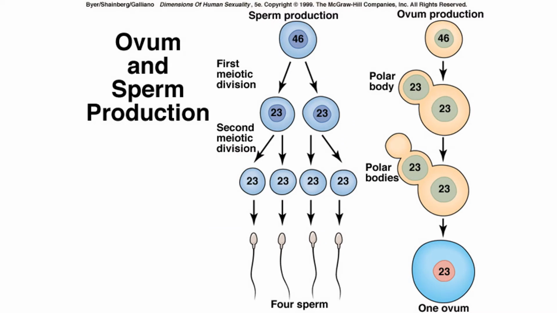Just for the sake of comparison, you'll notice that on the left we see four sperm produced from one spermatogonium. This cell at the very top is called a spermatogonium. Spermatogonia undergo mitosis and meiosis daily, hourly, from the time a male hits puberty until the day he dies. But females actually have these primary oocytes already present by birth, and these are her oogonia up here.